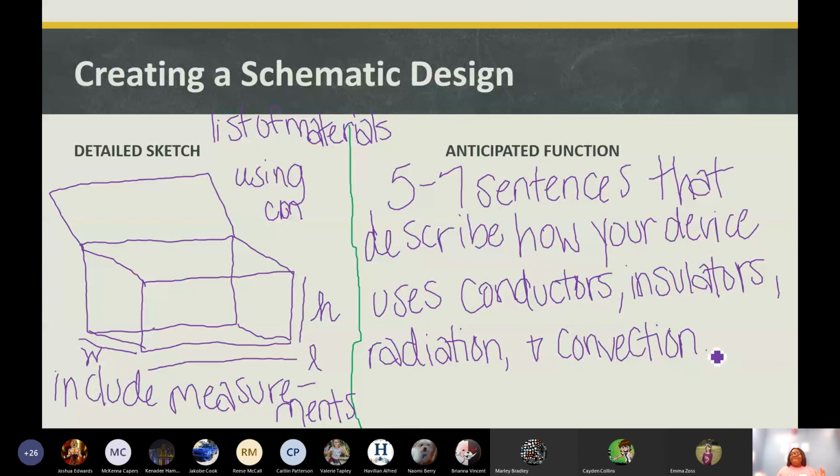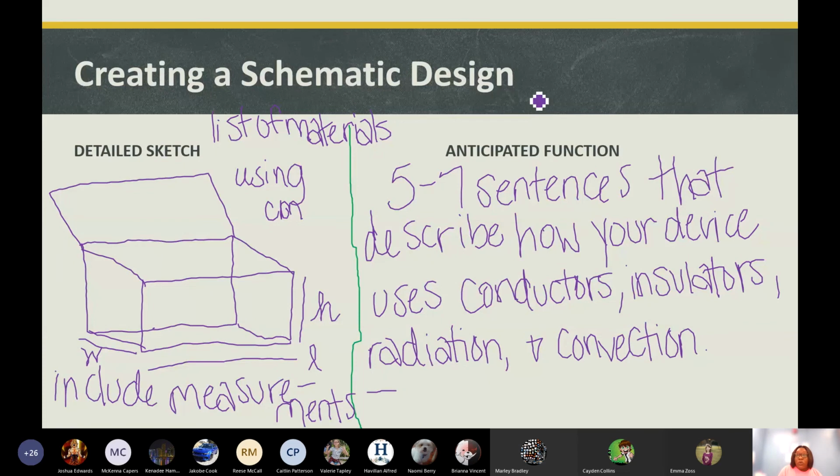Okay. So you want to write 5 to 7 sentences that describe how your device uses insulators, radiation, conductors, and convection. You also want to make sure here, and this is a big one for Miss Neville, because we've been out of school for 6 months, we forgot that sentences start with a capital letter and they end with a period or some sort of punctuation.